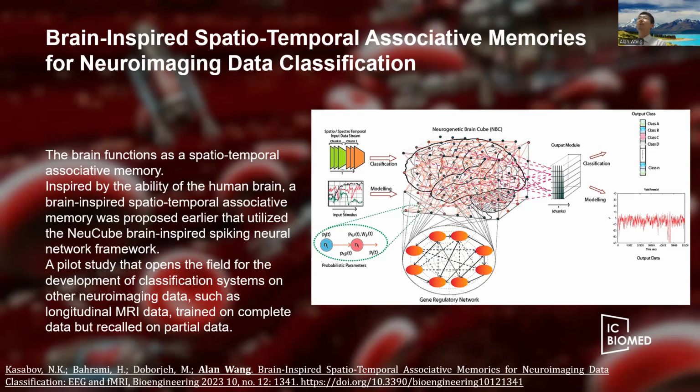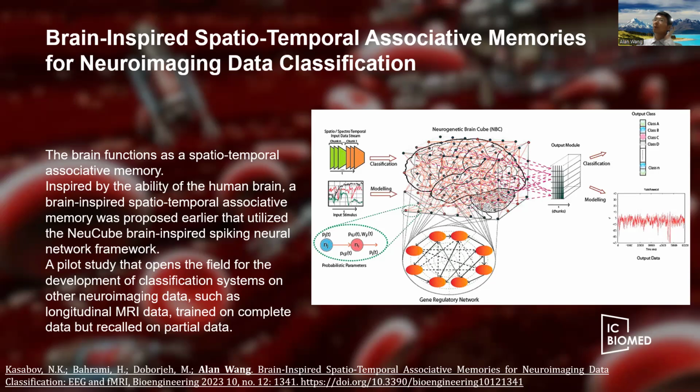We propose to utilize brain-inspired spatial temporal neural network analysis to analyze the neuroimaging data and perform the classifications of different mental states or different neurological or mental health issues.